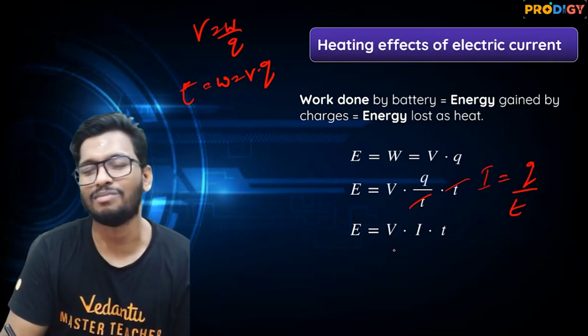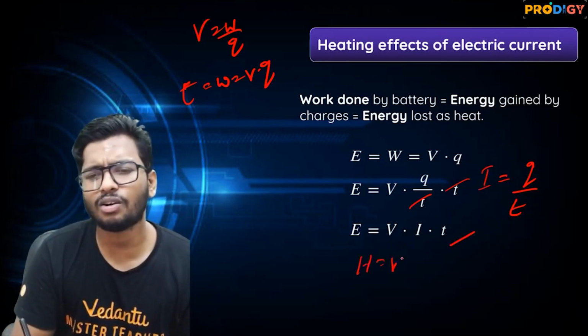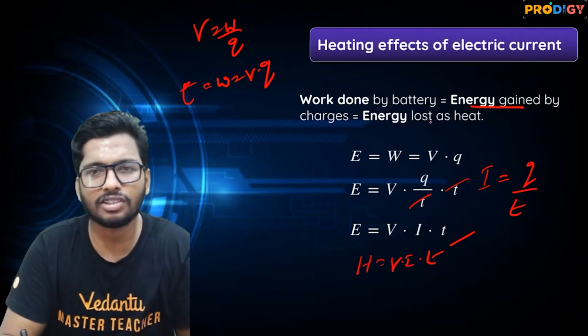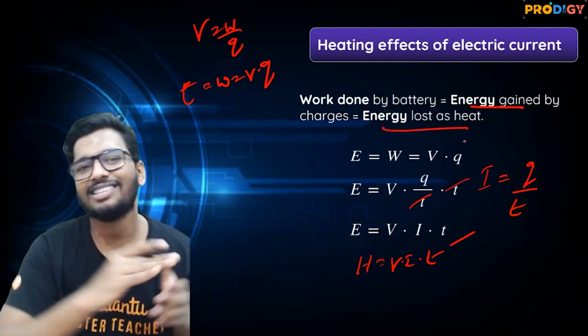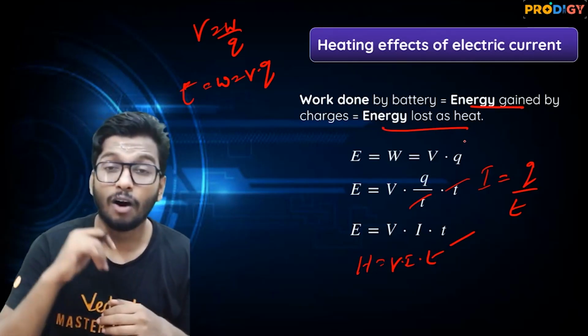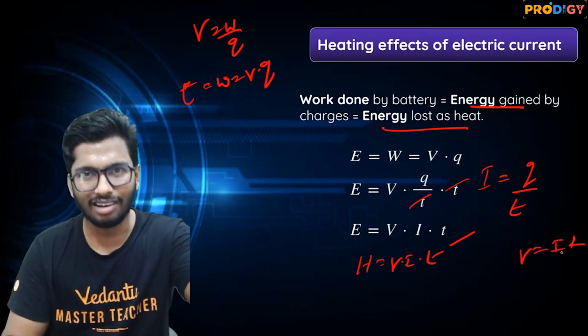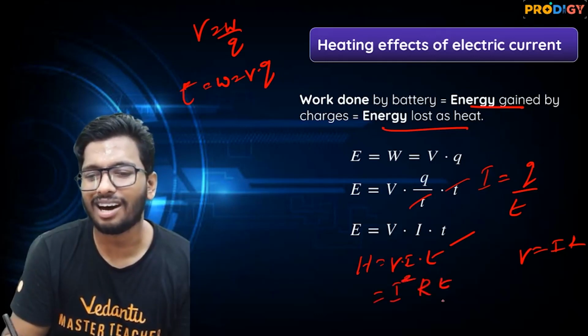So I can write the formula as E is equal to V into I into T, which I can also write as H is equal to V into I into T, because it is nothing but heat energy itself: the amount of energy gained by the charge is equal to the energy lost as heat. Now, in place of V, if I substitute IR from Ohm's law, this equation becomes I square RT.